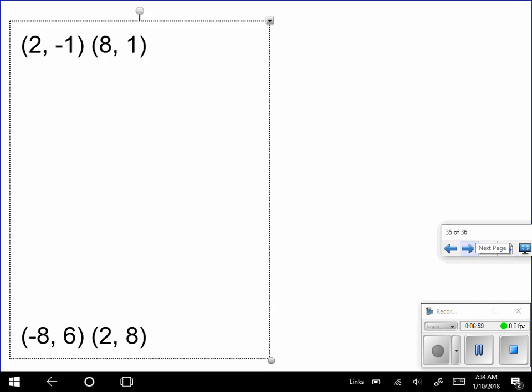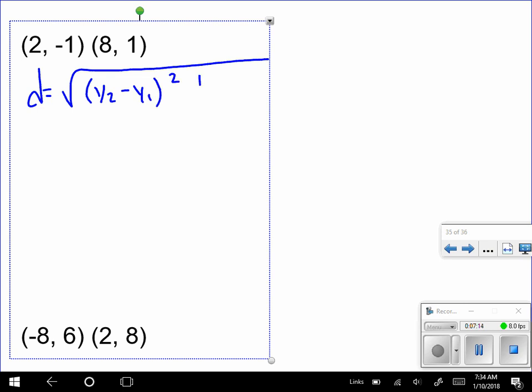Okay, here are our next two examples. We have (2, -1) and (8, 1). So I'm going to write out the formula. D equals the square root of y2 minus y1 squared plus x... nope, I mixed that up.